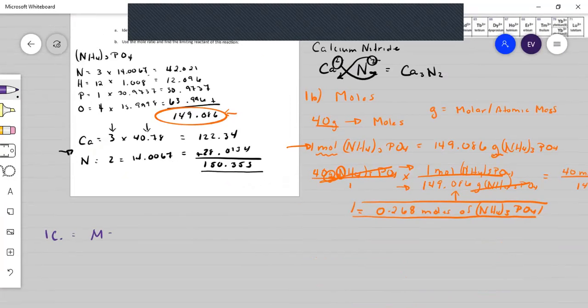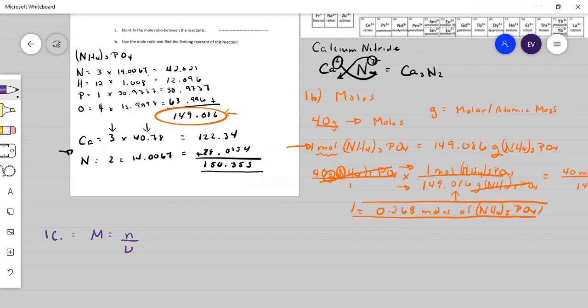Molarity is equal to the moles of the solute over the volume of the solution, okay? This is the formula for solution concentration. M is your concentration, your molarity. We know that that's 2.6 molar because it's in the question.